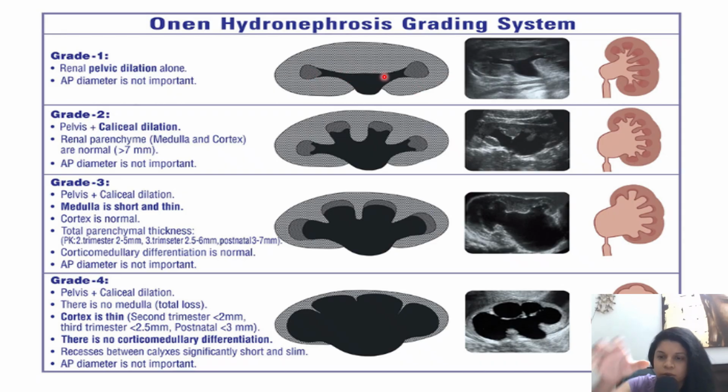The kidney has been kept like this to show and fit into this figure. So you have to just understand this is the upper pole and lower pole. So the poles are getting dilated first, and after that all the pelvic calyceal system will get dilated, and then the dilation will progress and the medullary part of the kidney will be thinned out, and later on the cortex also will get thinned out. And you know the blood vessels of the kidney run through the cortex.